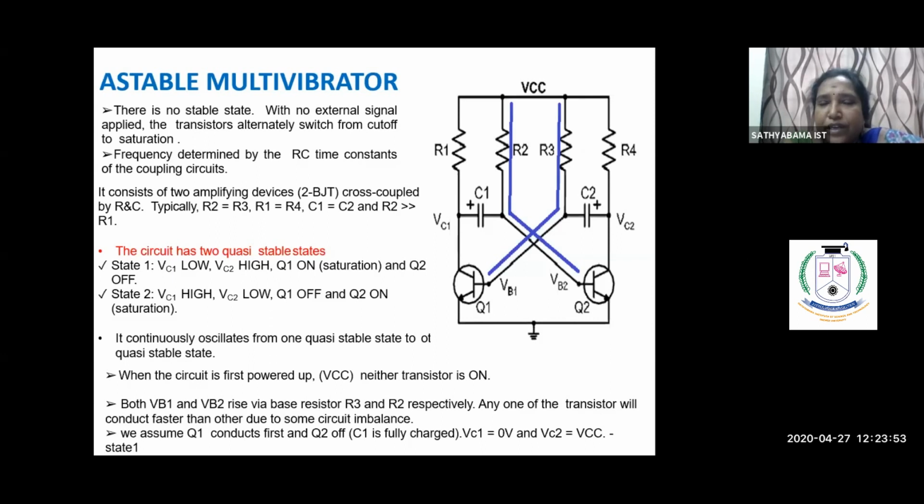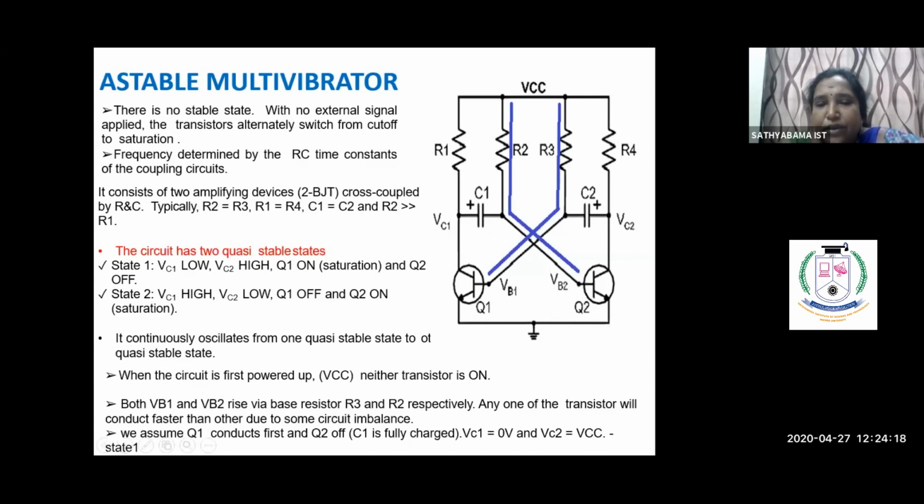Don't be confused by the terms: R1 and R4 are the collector resistance and also the load resistance. The other two resistances, R2 and R3, are the base resistances of the Q1 transistor and Q2 transistor.